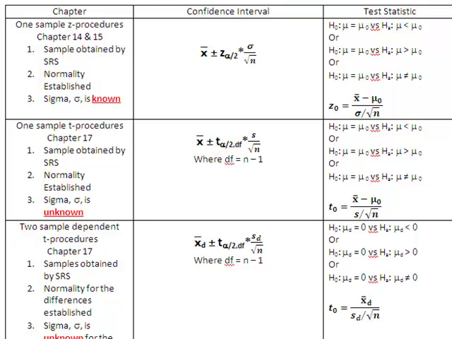And so we create our confidence interval x bar plus or minus that critical value times the standard error of our sampling distribution. And our test statistic looks very similar to the test statistic for Chapter 14 and 15, except you have the s instead of sigma. You have your sample standard deviation over the square root of n. That's the standard error of our sampling distribution.